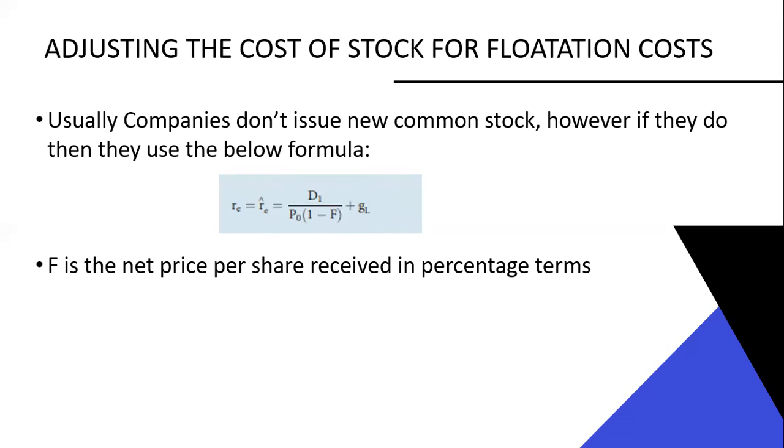And this value over here in the denominator is different. It's basically the same formula, the rs formula, but here you can see this 1 minus F is also added.